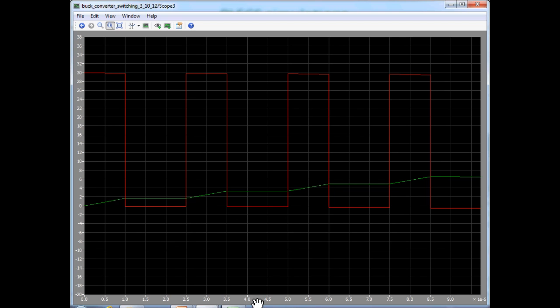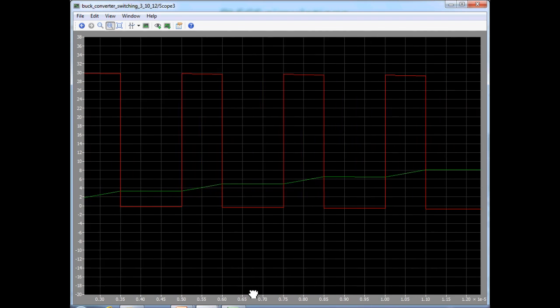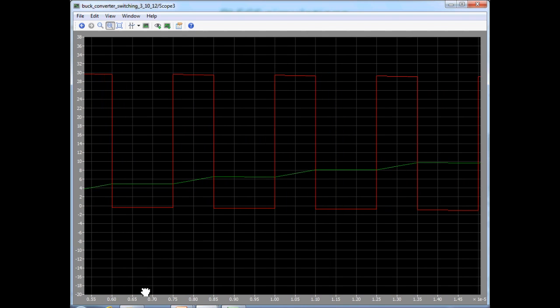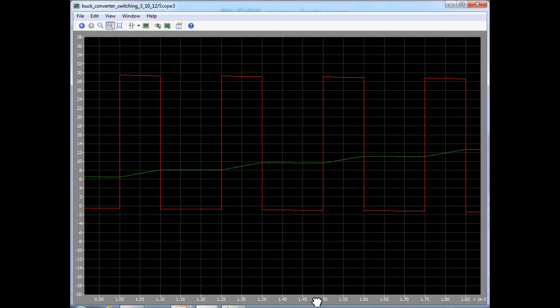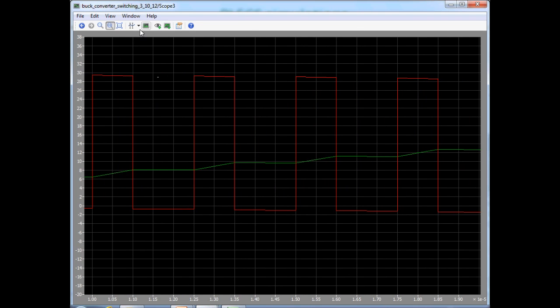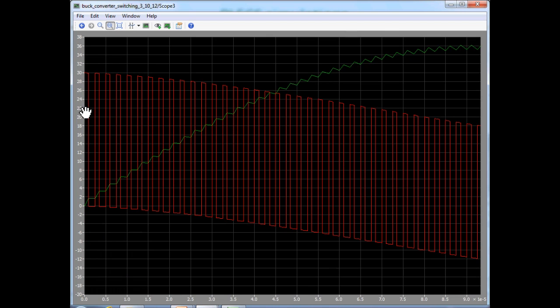Now if you keep going in this way, you can clearly see the inductor current rising from one period to the next. So let me zoom in on some greater portion of the startup period. Clearly the inductor current has now reached much higher than the steady state value of 5 amperes.